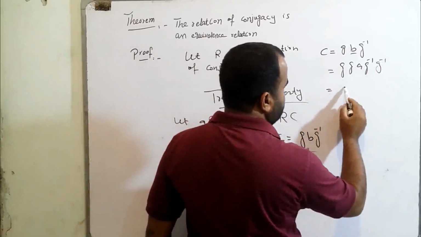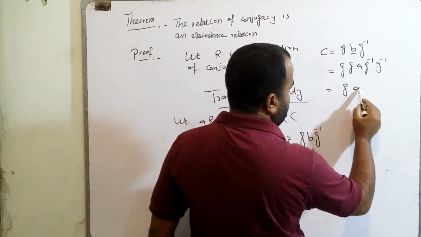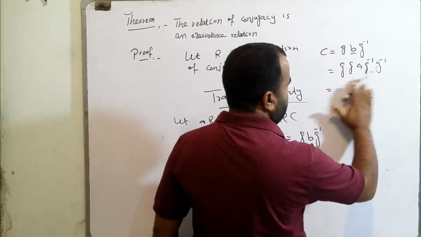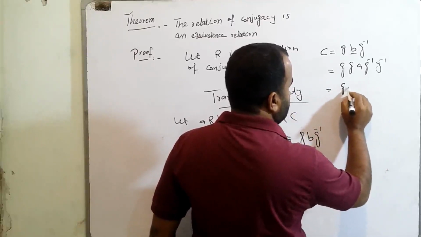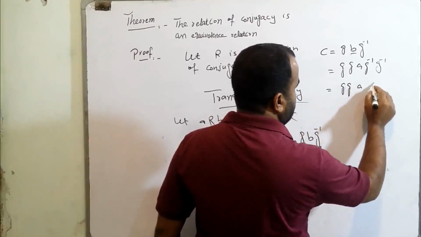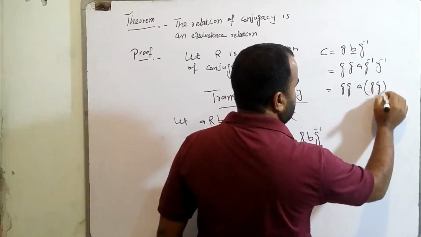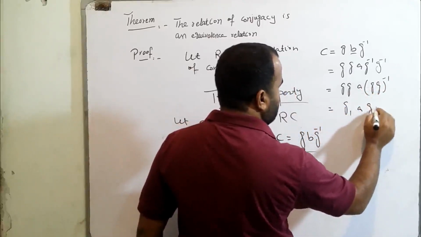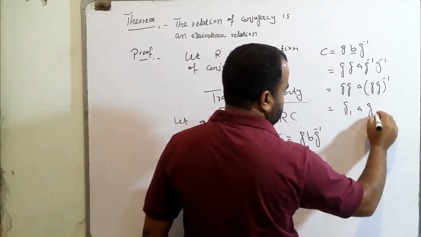So we can write c in terms of a conjugated by g1 and g1 inverse.